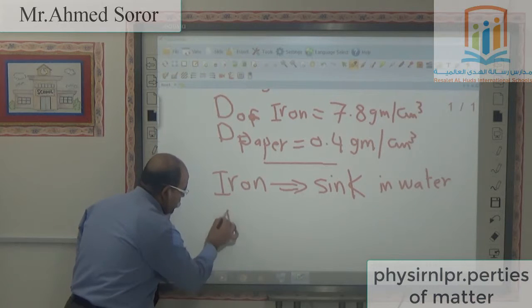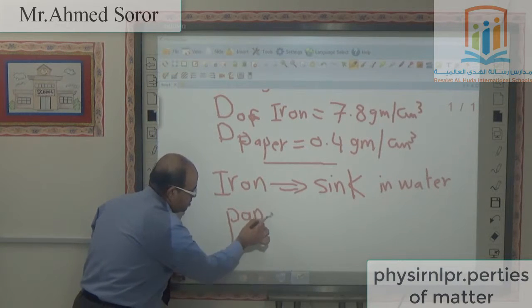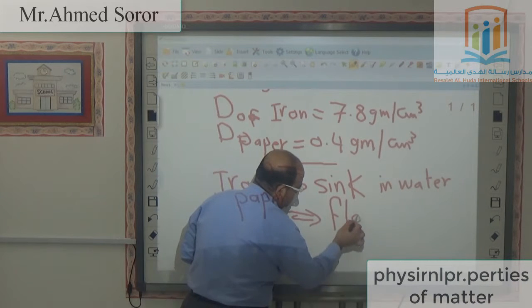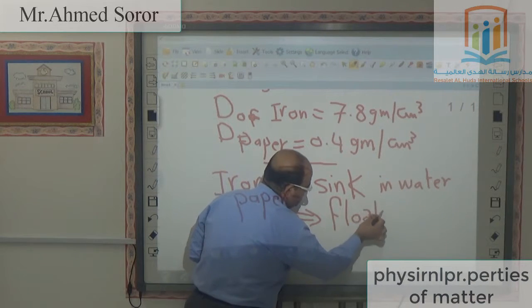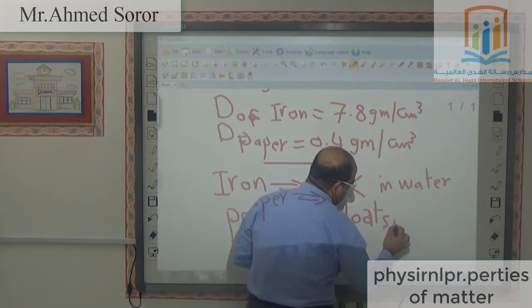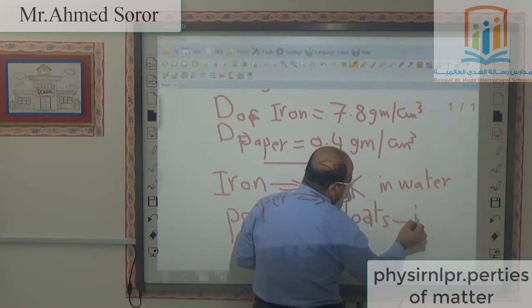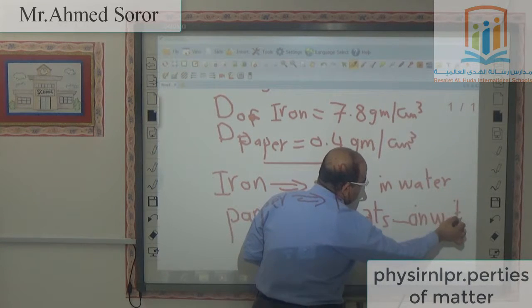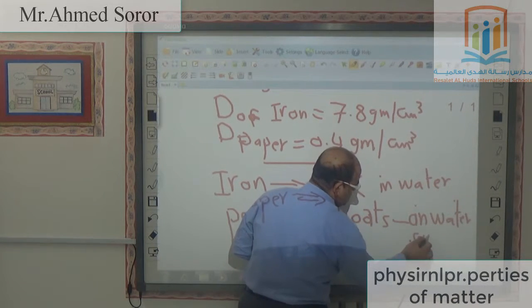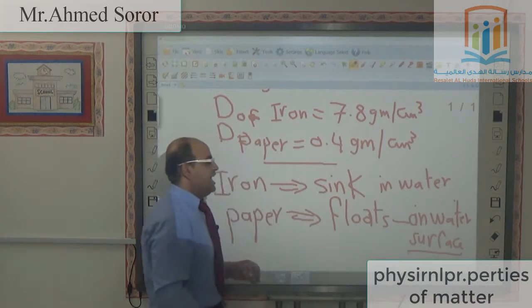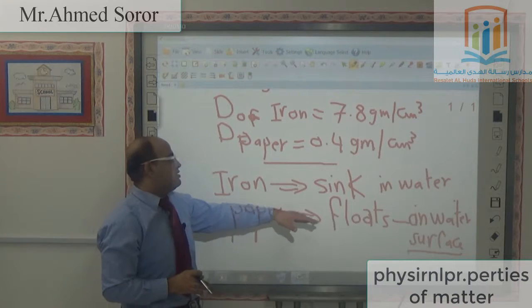You can see paper floats on the water surface because it has a density lower than the density of water.